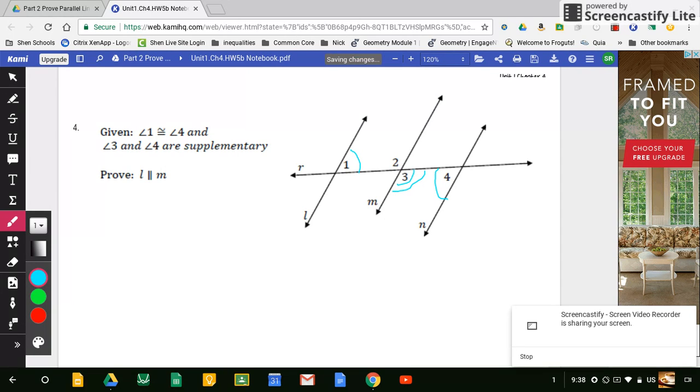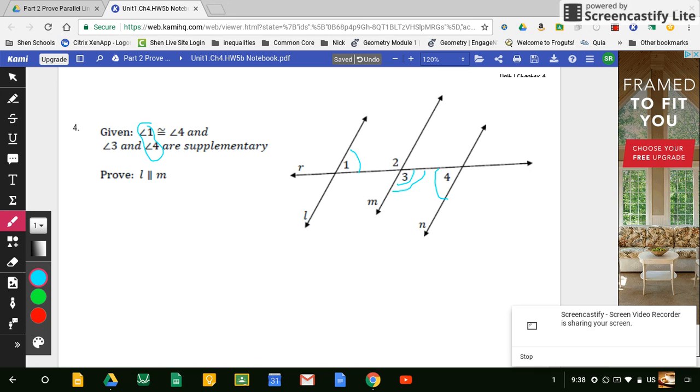So if 1 and 4 are the same and 3 and 4 are supplementary, we could use some fancy substitution to get that 3 and 1 are supplementary. But is that helpful? My goal is to prove L is parallel to M.